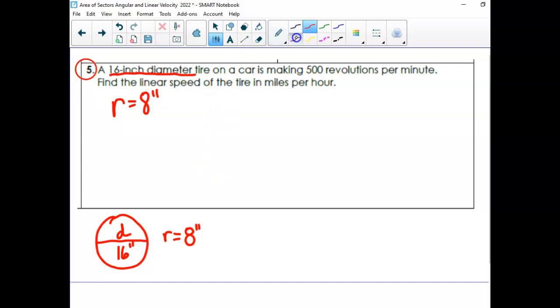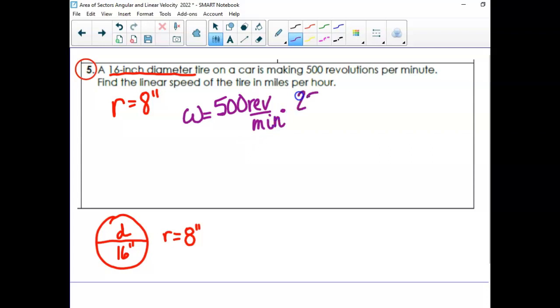Okay, and it is turning 500 revolutions per minute. Okay, that is almost an angular speed. If we can make it an angular speed, we'll be almost done. What do we have to do to make it radians per time?